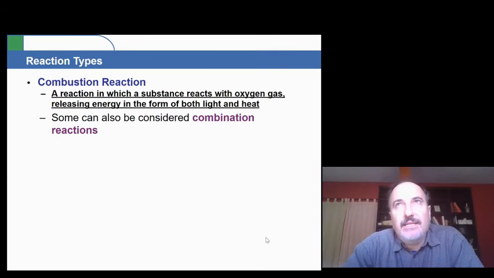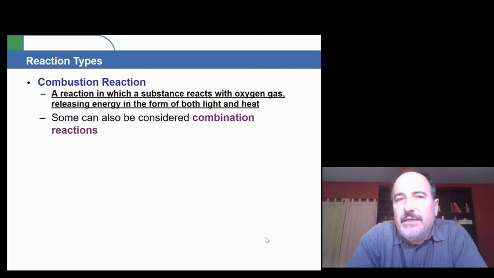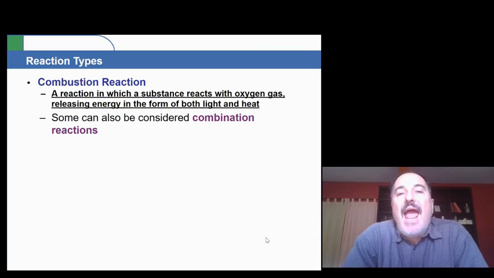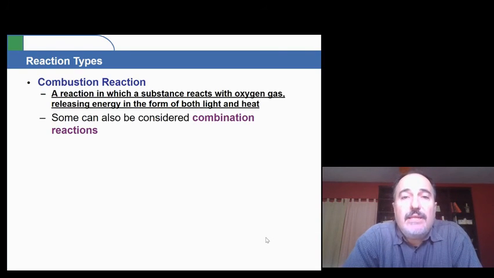Like if you have magnesium, remember we burned some magnesium in the Fired Up demo. When we burned the magnesium, it reacted with oxygen and poof, made magnesium oxide. However, some other textbooks consider true combustion to occur only with a hydrocarbon, something that contains both carbon and hydrogen, like the burning of methane that I showed you.